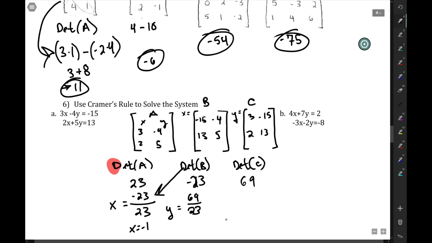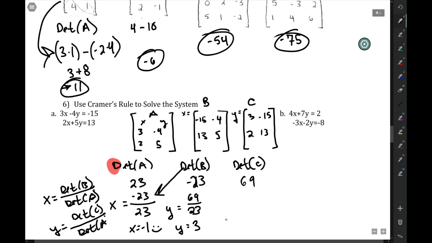X equals negative 1. Y equals 3. Remember that X is determinant of B over determinant of A, and Y is determinant of C over determinant of A.